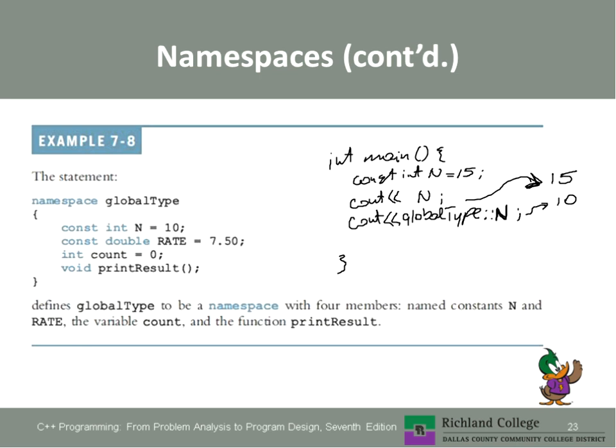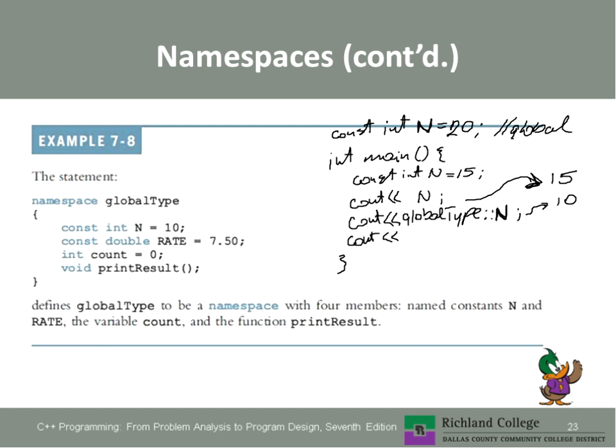Now, let's say we have a const int n equals, let's say, 20. Okay, now this is outside main and outside any function. So what is that? That's going to be a global identifier, right? A global identifier that is not in any namespace. So how can we print that one out?